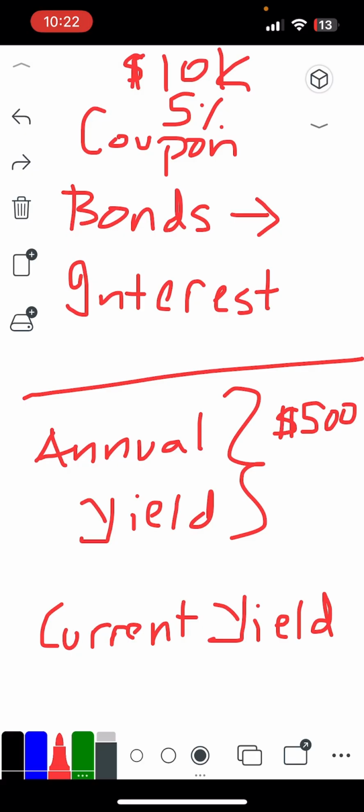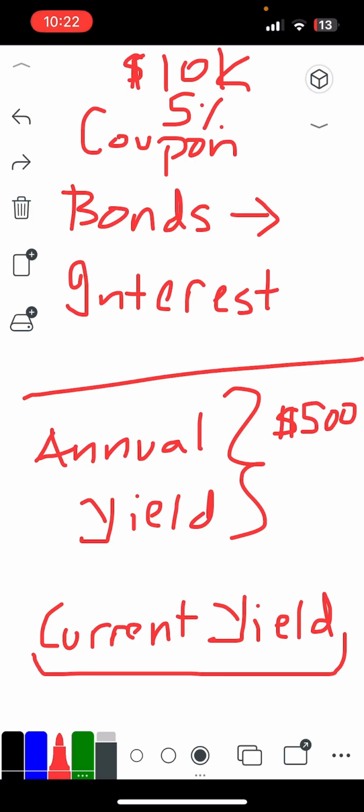However, your current yield has to do with your present value. If you're trying to figure out how much you will receive twice a year, it's based on the market rate. So how do you figure out how much you will receive in interest payments twice a year?